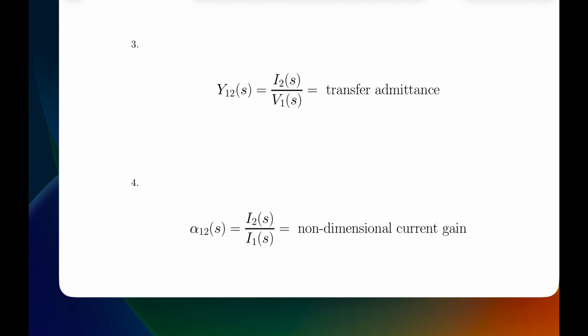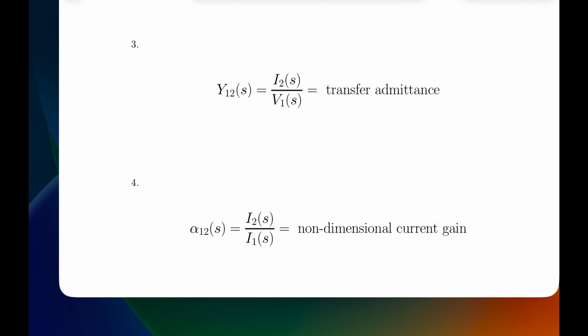This is the reciprocal of resistance, or this is admittance. Since this quantity is measured at the output port and V1(s) is measured at the input port, this is known as transfer admittance. And this is denoted by Y12(s).